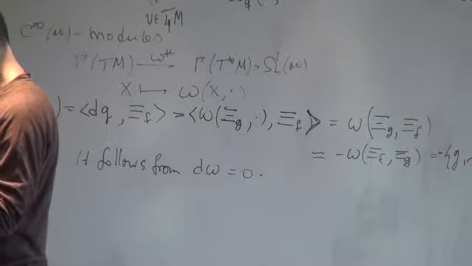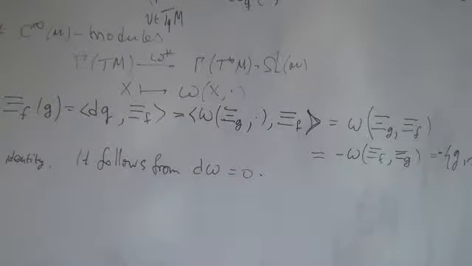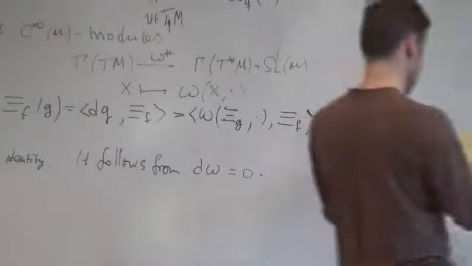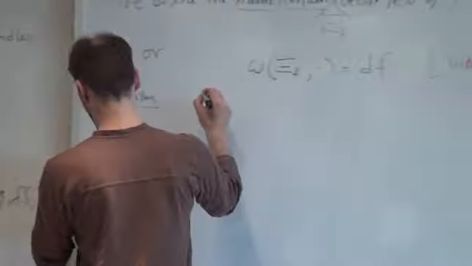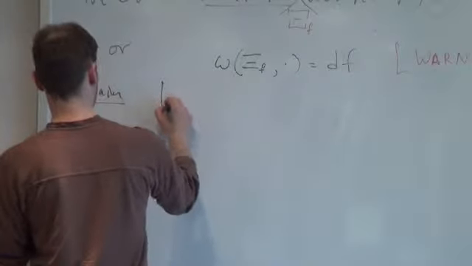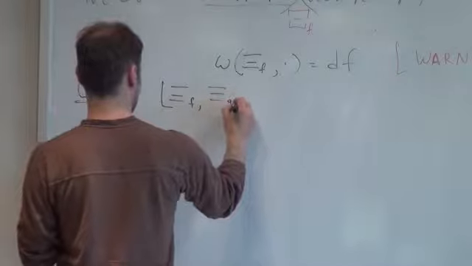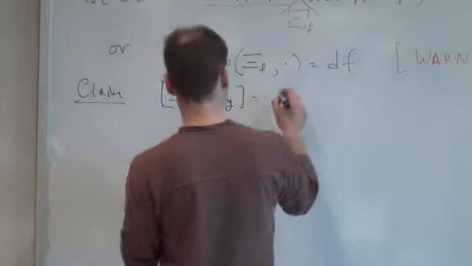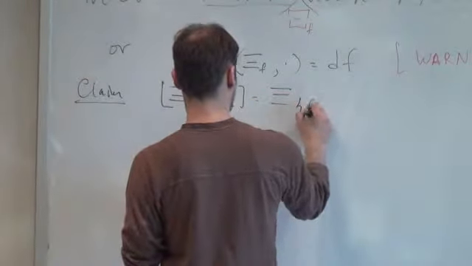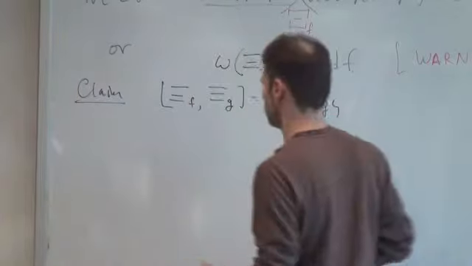Okay, so there's one more thing I want to prove. So let me put a claim up here. It will be useful for us that if I take the bracket of 2 Hamiltonian vector fields, that's the Hamiltonian vector field of the Poisson bracket.